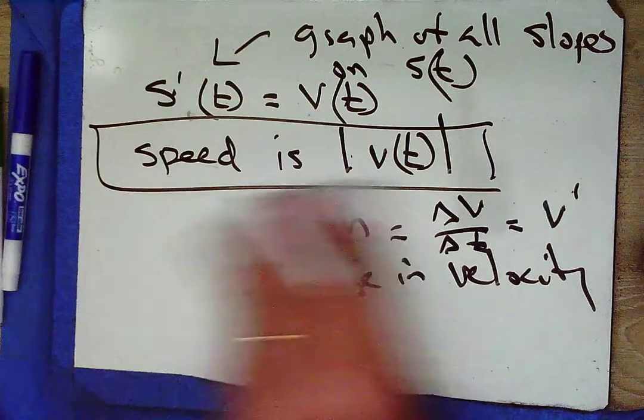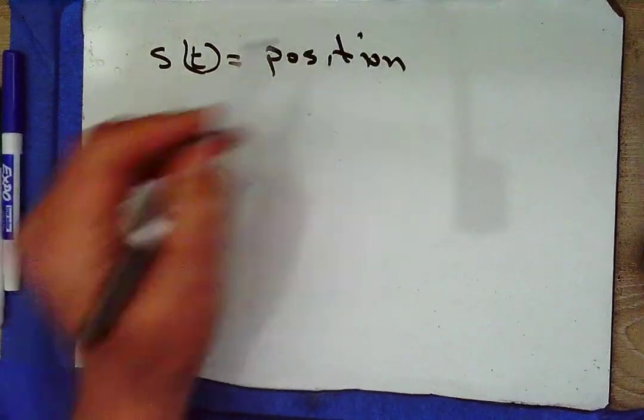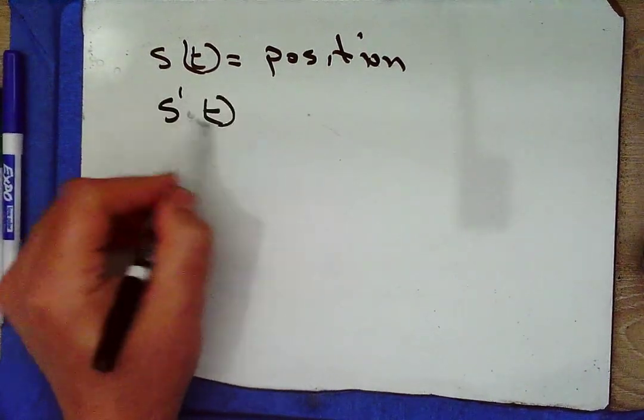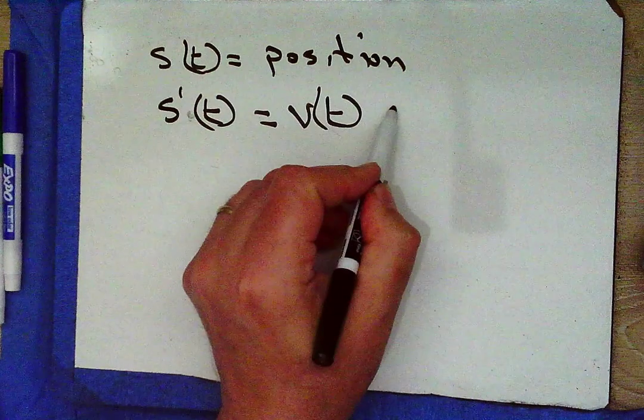And because that's a lot of words to say all the time, we say this. We say S is position. We say the rate of change or slopes on S is going to be velocity.